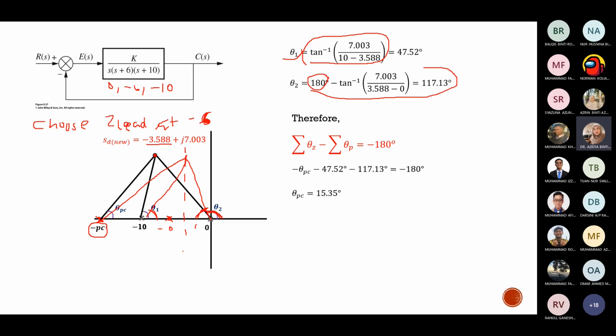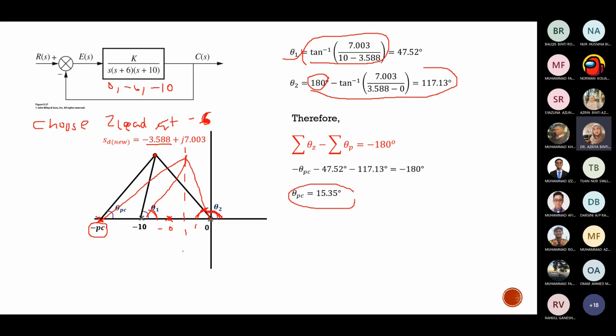After that, we apply the formula, summation of theta z minus summation of theta poles. For this figure, we don't have theta z, the angle of zeros, so no need to put the theta z. We have 3 poles, so we have minus theta PC, minus 47.52, minus 117.13, equal to minus 180 degrees.